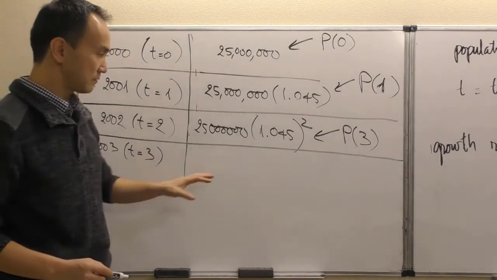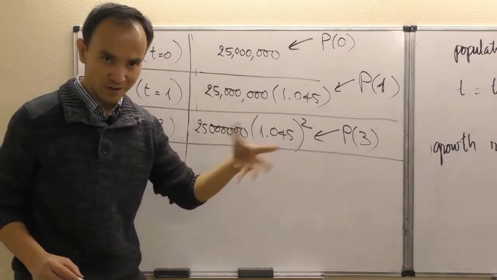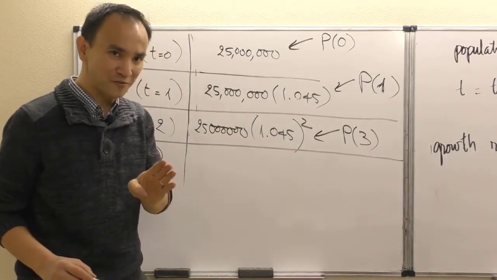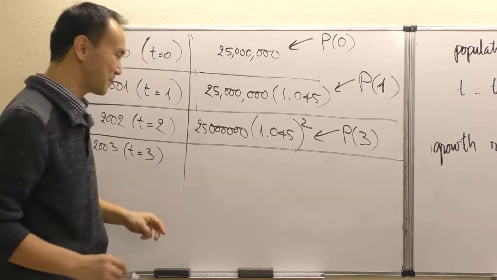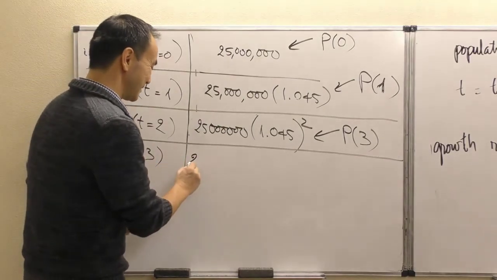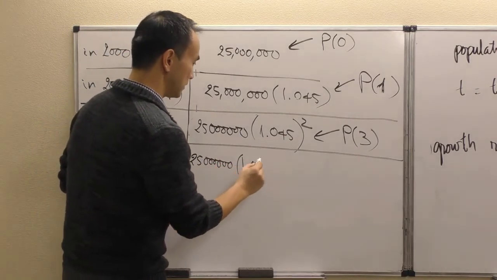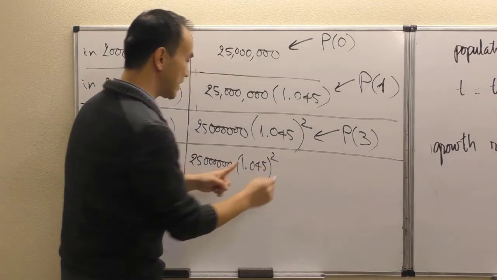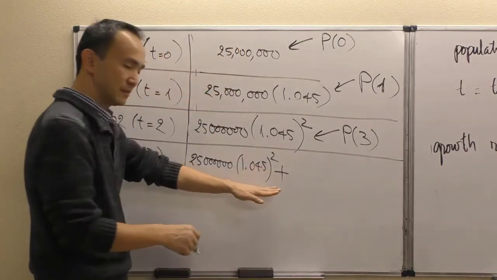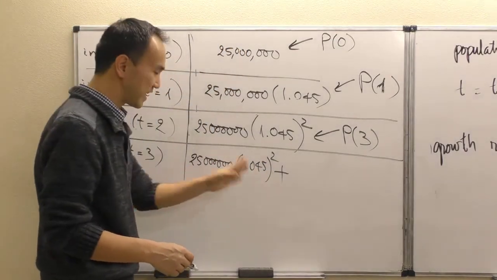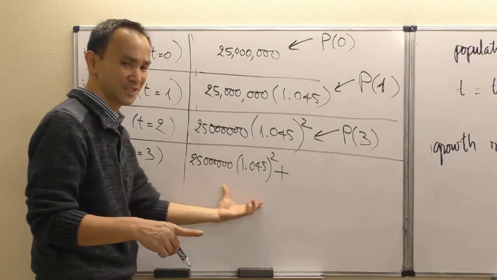So now again, anyone watching the video up to this point has been fluent enough, and it's time for me to start picking up pace here. 25 millions times 1.045 squared from the preceding year. We need to add 0.045, or we need to add 4.5% of this.